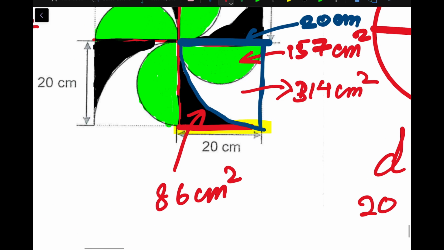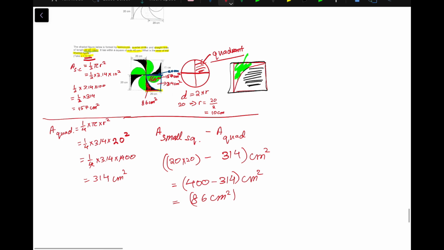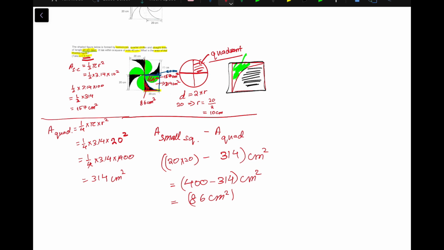Now we have to find the total sum of this black region plus this green region within one small square, which is basically this 157 plus this 86.